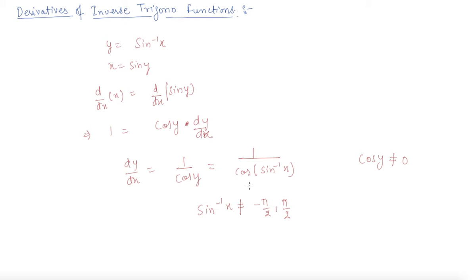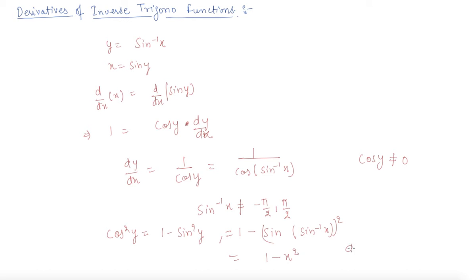To make this result a bit more attractive, we can carry out some manipulations. I can say that cos square y is equal to 1 minus sine square y, as cos square y plus sine square y is always 1. So this is also equal to 1 minus the square of sine of sine inverse x, which is 1 minus x square.